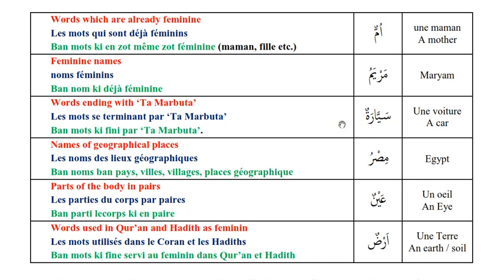Sayyaratun kabiratun, a big car. Misru kabiratun, Misr is big. As we have seen, Maryam is a noun and at the same time a name. Misr is a noun and at the same time a name. So, if Maryam is a name, we place jamilatun afterwards.